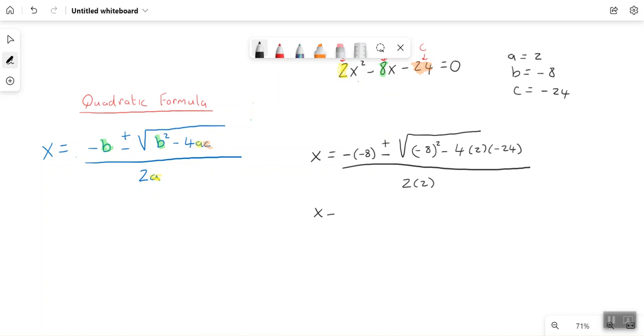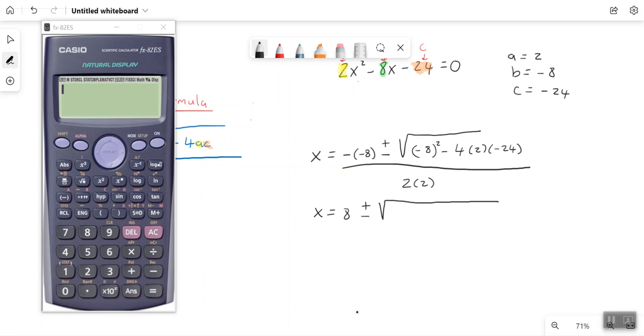So it's going to be x is equal to, so this is going to be minus 1 times minus 8, so that'll just become positive 8, plus or minus the square root of, and we can use our calculator here. Minus 8 squared, so that's just going to be 8 multiplied by 8, which gives us 64.